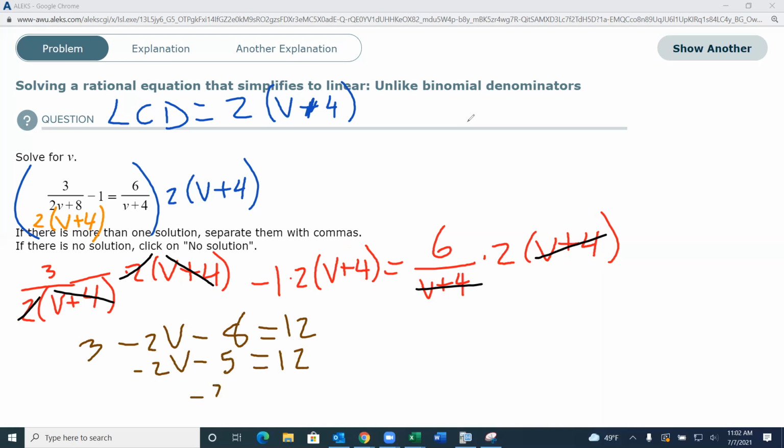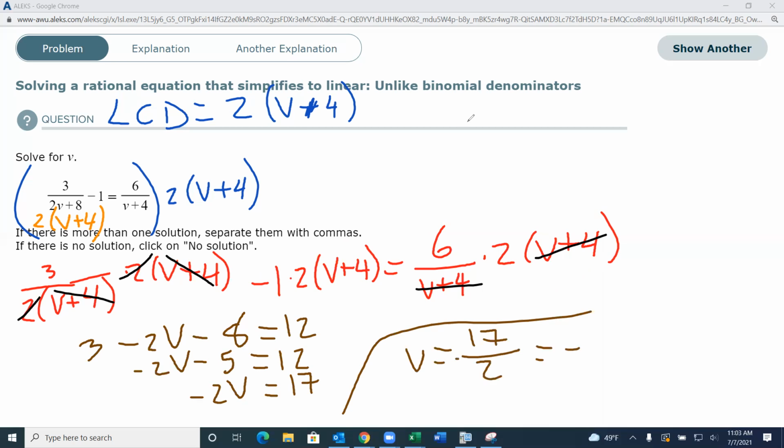And if I add 5 to both sides, I get that. And then dividing both sides by -2, I get -17 halves, or -8.5. And you can, as always, double check that by plugging in the left side for y1, the right side for y2, and go into the graph and see where they intersect.